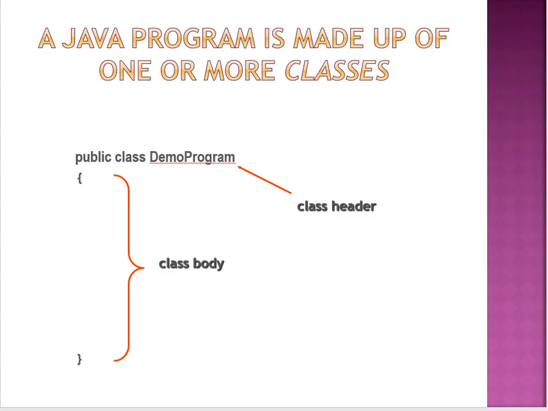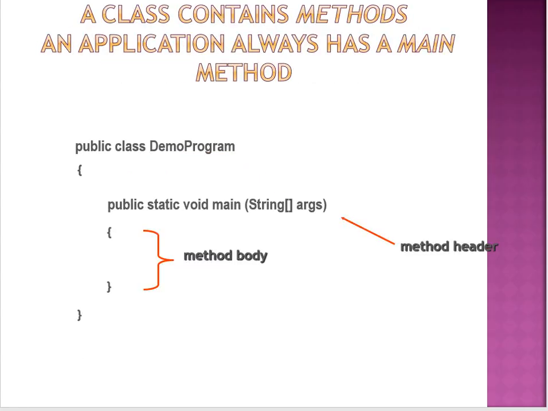A class will contain methods. It can contain methods and it can also contain other functions. In this case, the main method is the main program that will serve as the entry to the Java program that we are developing.